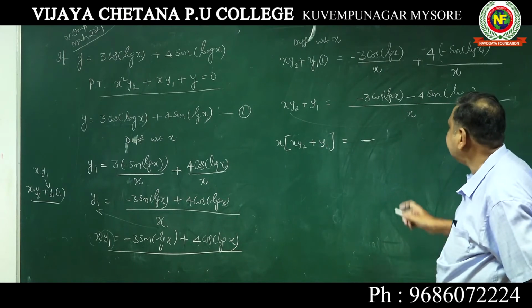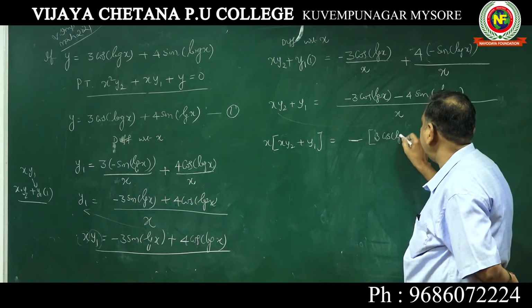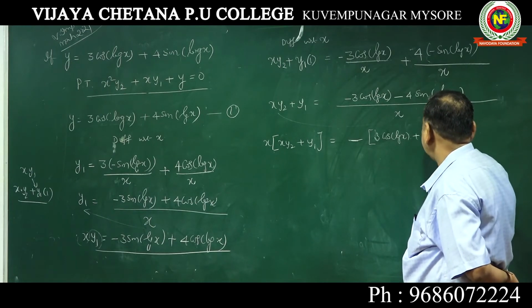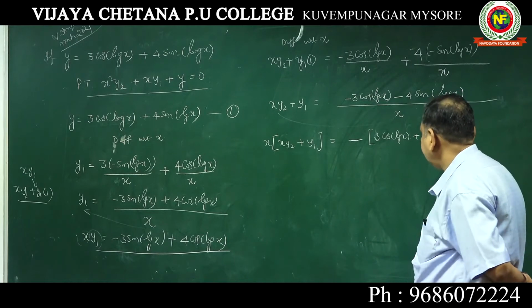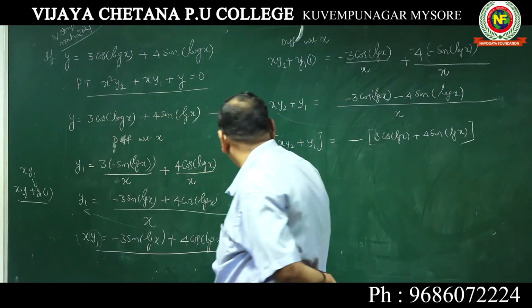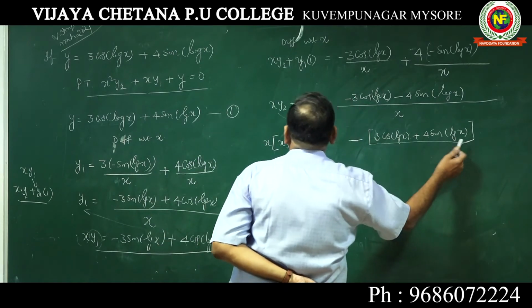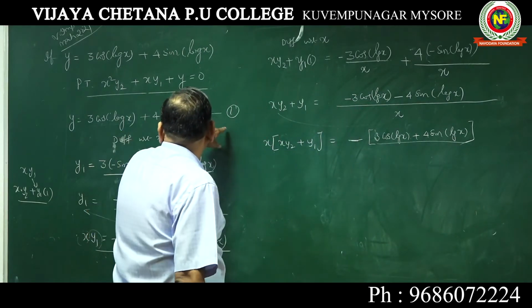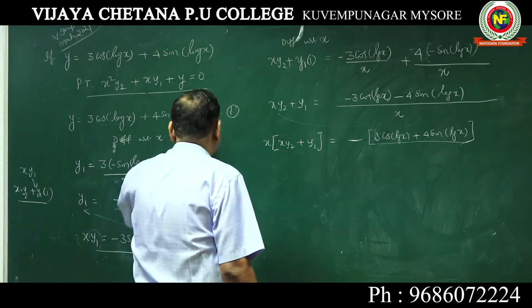Now if you remove the minus outside, it is 3 cos log x plus 4 sin log x, and this is nothing but your y.